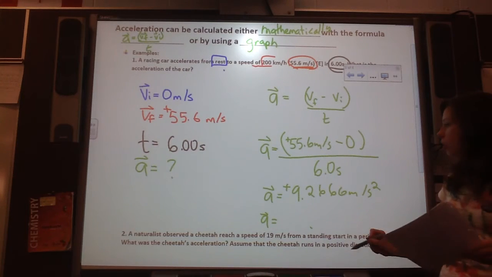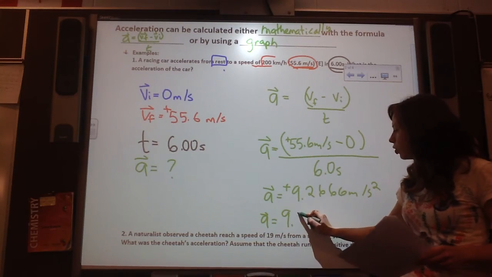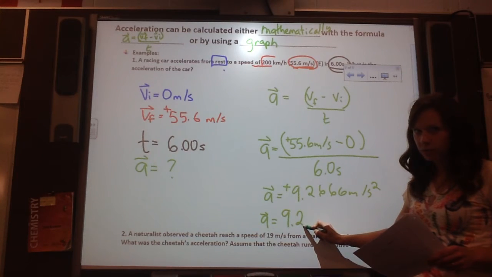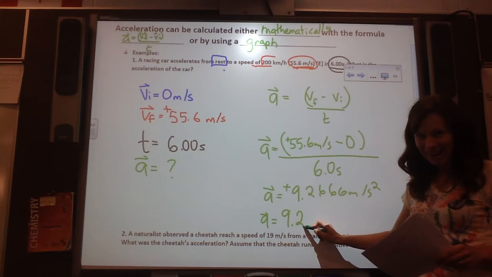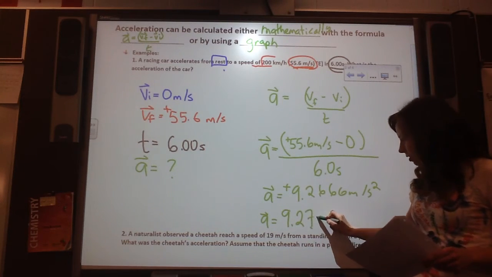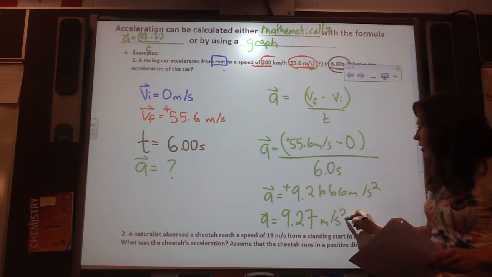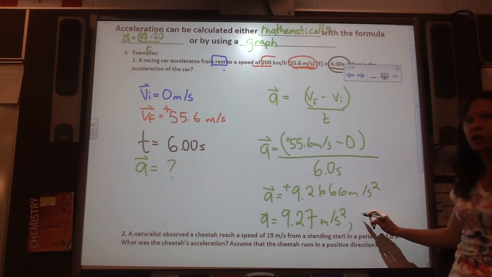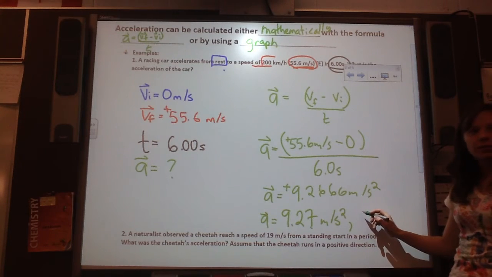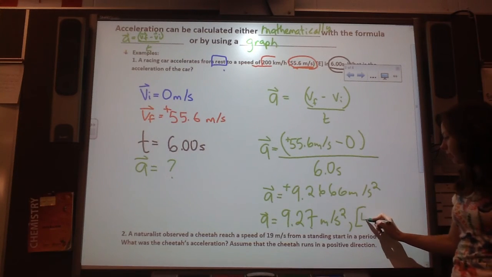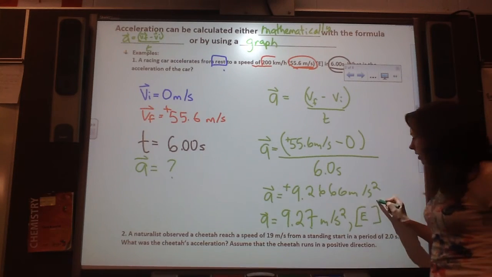Very good. So 9.27, because there's a 6 after the 6. Very good. Meters per second squared. Convert the positive into a direction. East. That's our final answer.